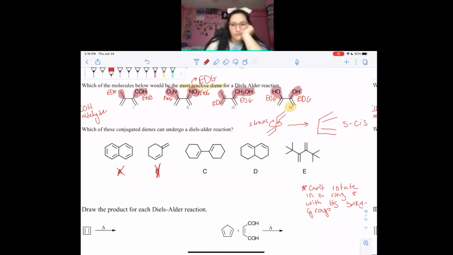Cool. What's this? Is it cis or trans? It is S-trans. You are right. Can we rotate this bond? Yes, we can. So we can rotate it and make it S-cis. So can this undergo Diels-Alder?